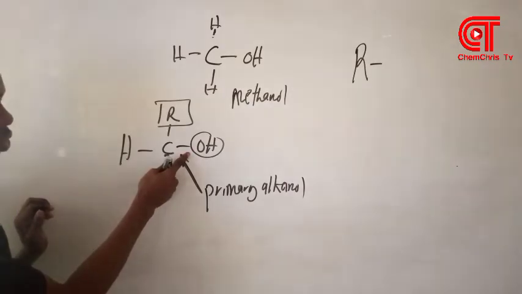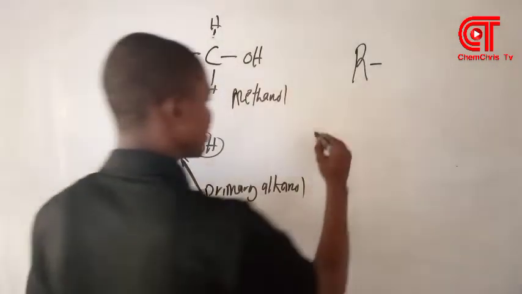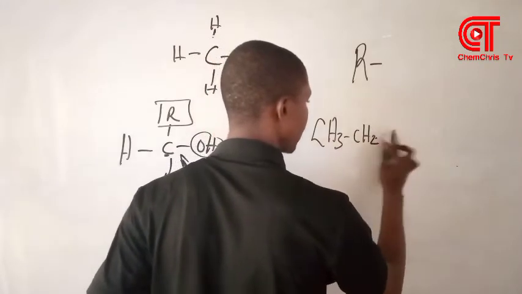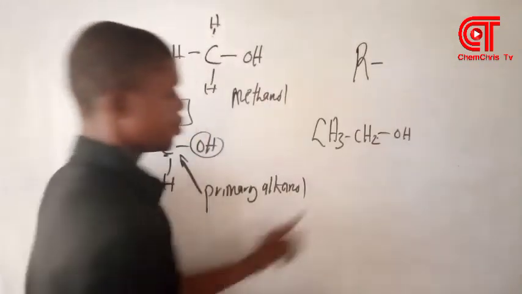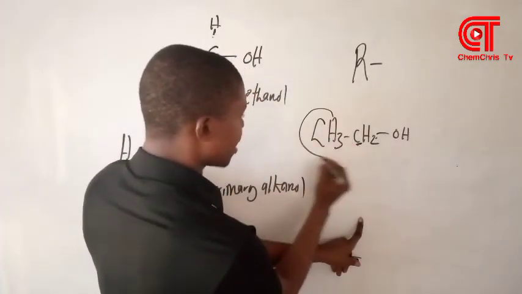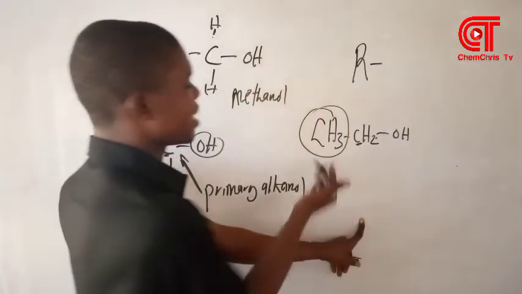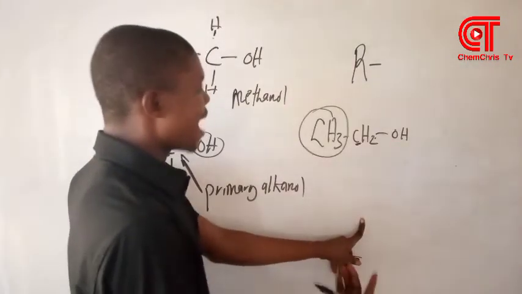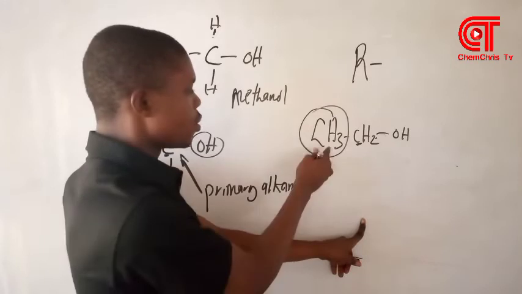Primary alkanol. A good example is this guy here, CH3, CH2, OH. In the sense that this carbon atom is only having one alkyl group. It does not matter the alkyl group, it can either be a methyl, ethyl, propyl, butyl, or anyone, as far as it is one alkyl group.